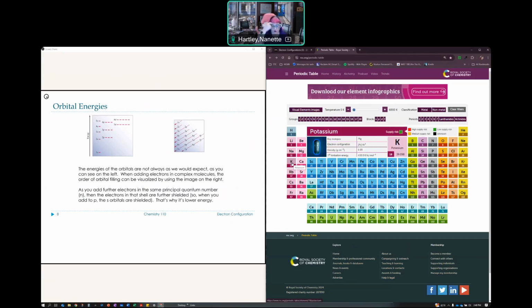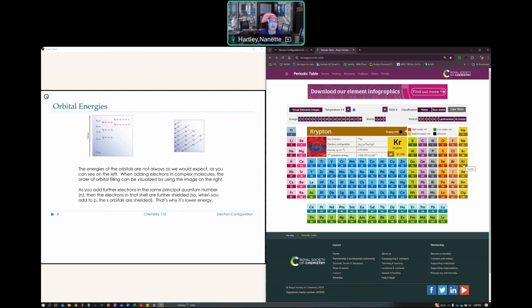So I know when I'm doing my electron configuration that it needs to be in an S. So I'm reading that information from my table. Okay, so I know I need to fill that 4S before I fill my 3D. So 4S, 3D, 4P. So my table will tell me the order in which I fill these orbitals.